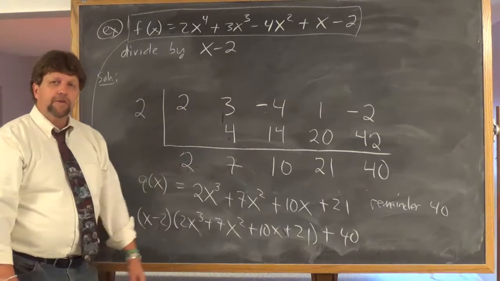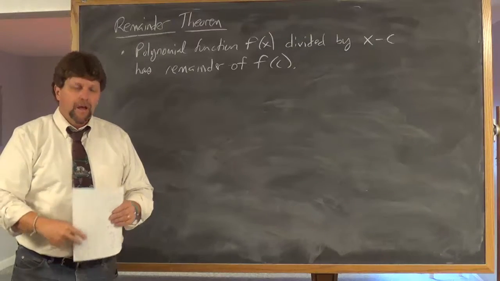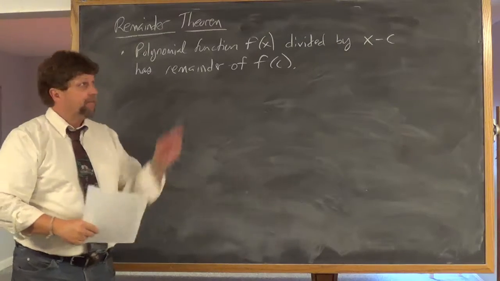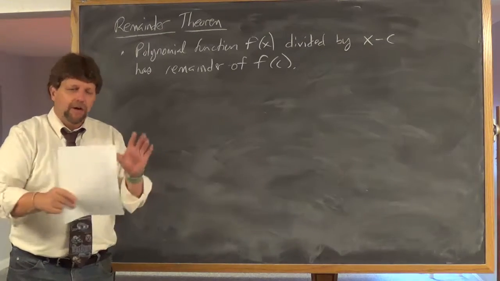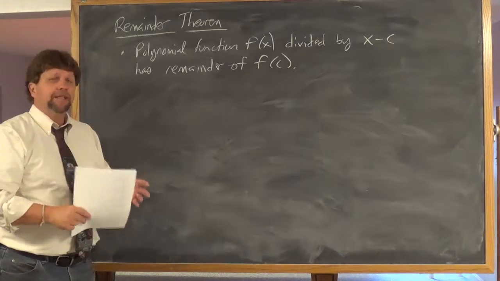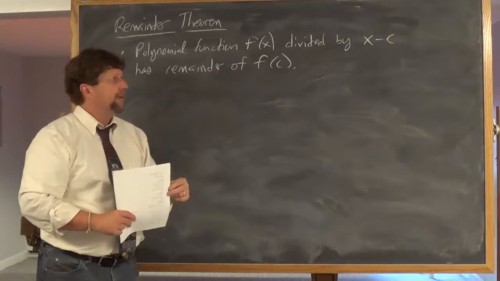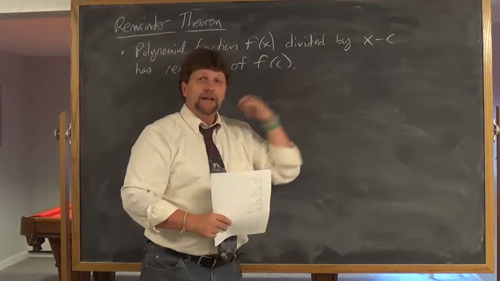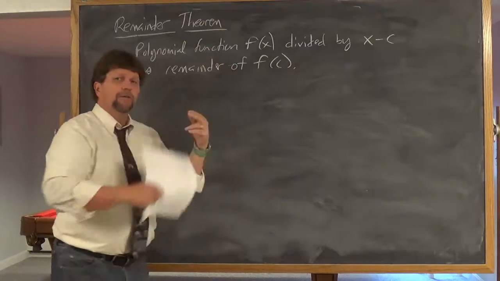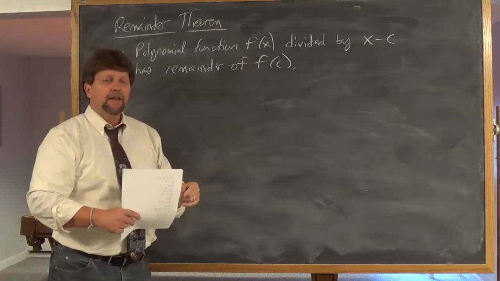Now that's a quick review of how to do the process known as synthetic division. Alright, next up is the remainder theorem. I've written down an abbreviated version of the remainder theorem. It basically says if you take any polynomial function that I generically call f of x, and you divide it by an x minus c, you're going to get a remainder of f of c.